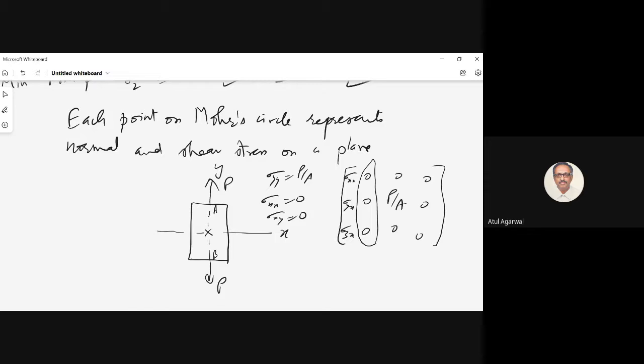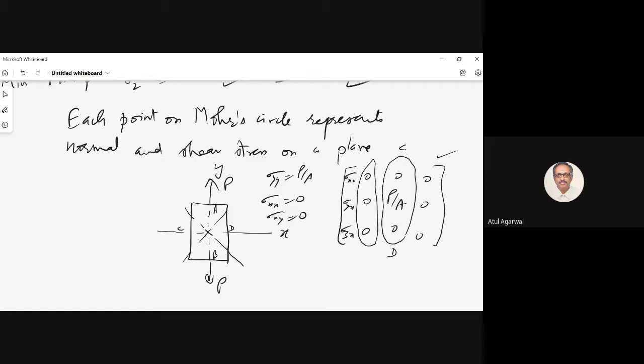Similarly, for this CD plane, the stresses on this plane were represented by the second column. Similarly, you have a plane having normal vector in z direction that is represented by the third column. You can pass infinite number of planes through this point.